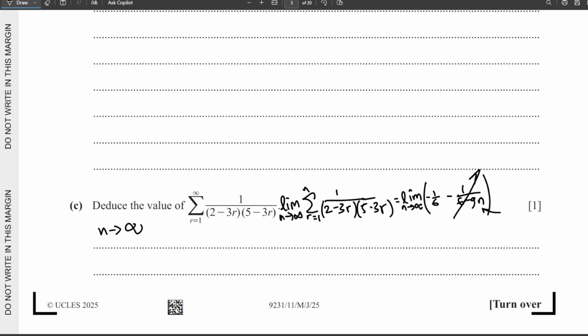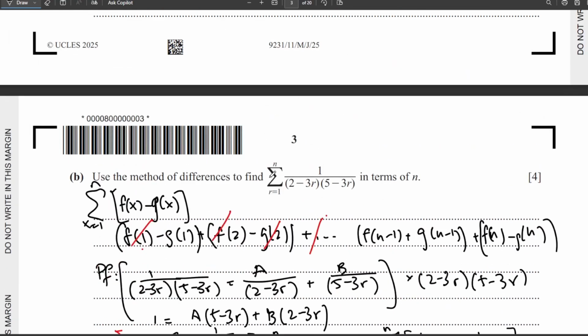It's just a constant value. So this term approaches 0 as n approaches infinity, and this value will tend to negative 1 over 6. So that's the final answer for part C. And that's question 1 for this paper. Okay, thanks for watching.